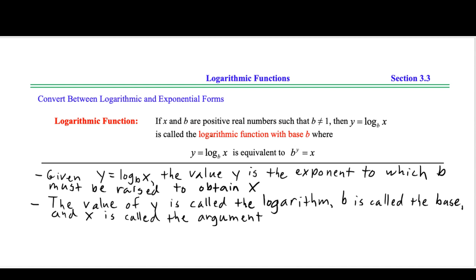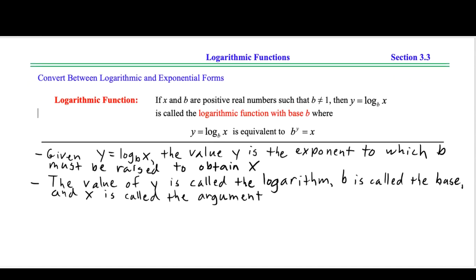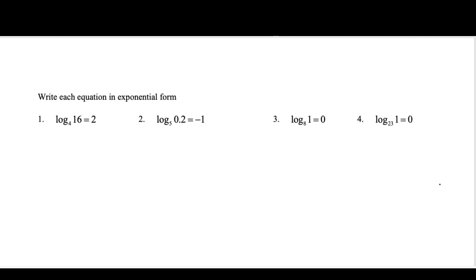Those are two different ways of relating the same three quantities together. Any logarithmic function can be rewritten in exponential form, and vice versa, any exponential equation can also be written in logarithmic form. Let's take a look at some examples where we practice that relationship.